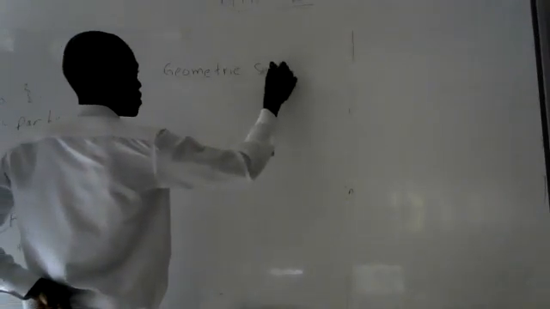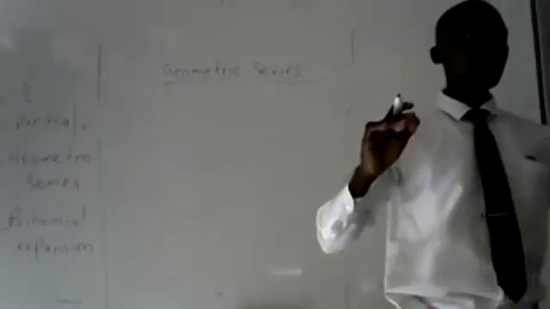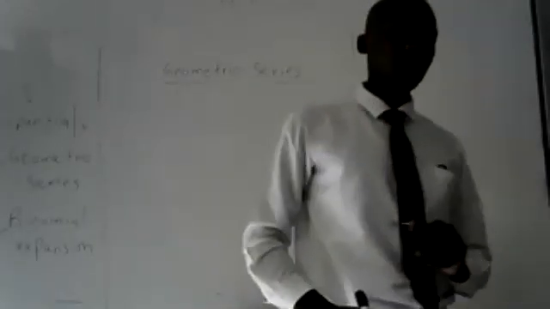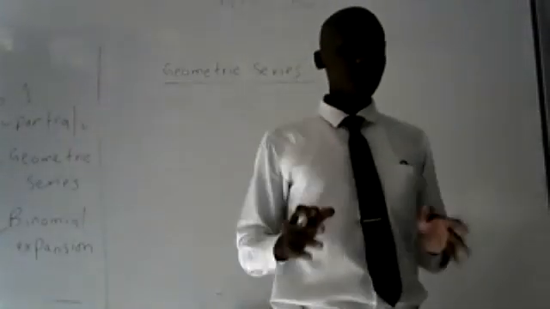We've been studying an arithmetic series where you start with a first term, and to obtain other terms, you keep adding this fixed difference, what we're calling the common difference. Now, a geometric series is simply a series in which the ratio of any two consecutive terms is a constant.